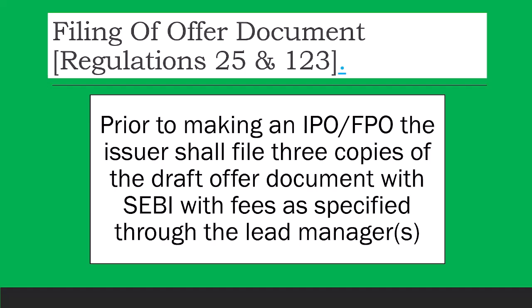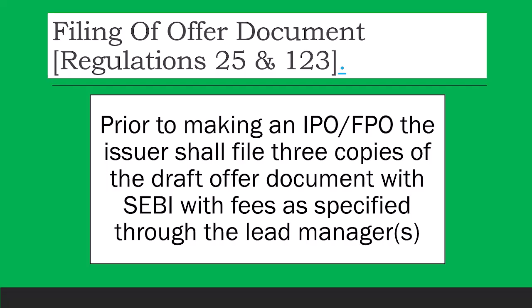Of course, 25 stands for IPO and 123 is for FPO. Prior to making an IPO or FPO, the issuer shall file 3 copies of the draft offer document with SEBI with fees as specified through the lead manager.